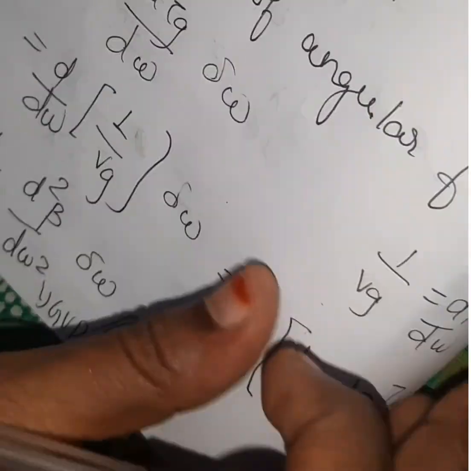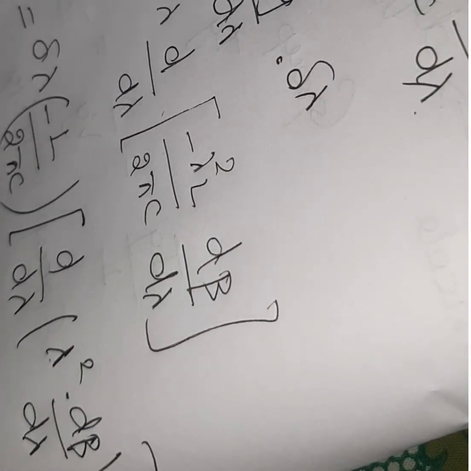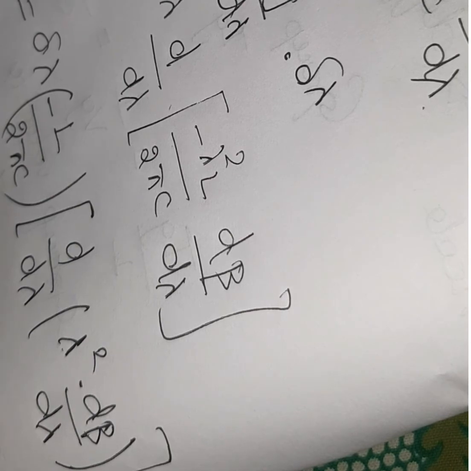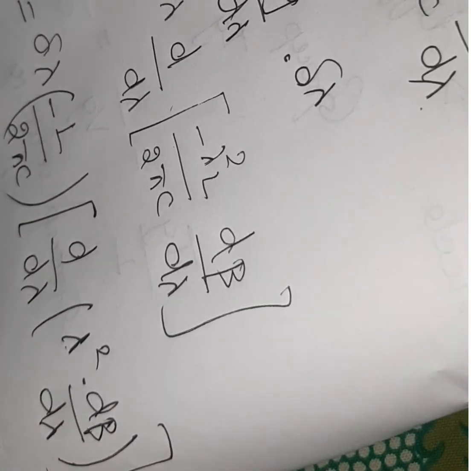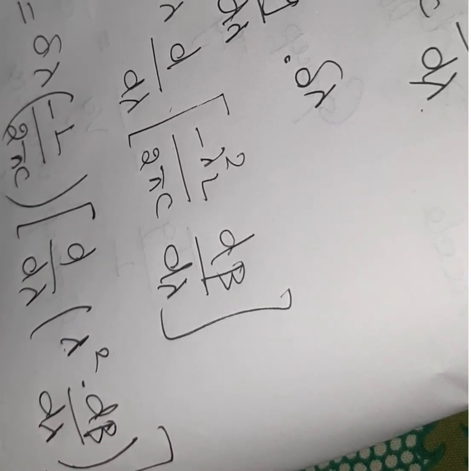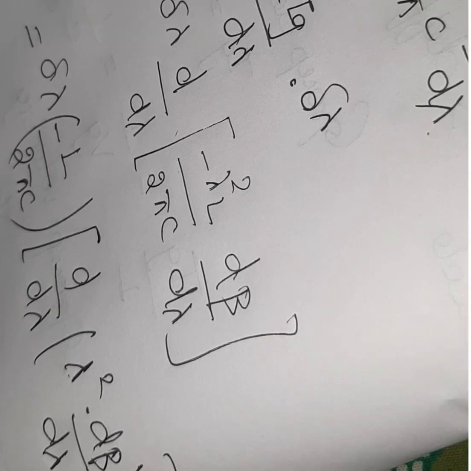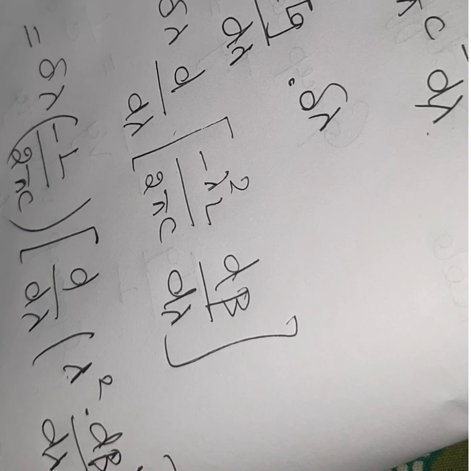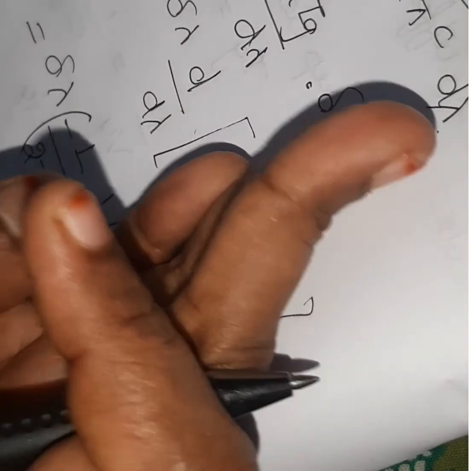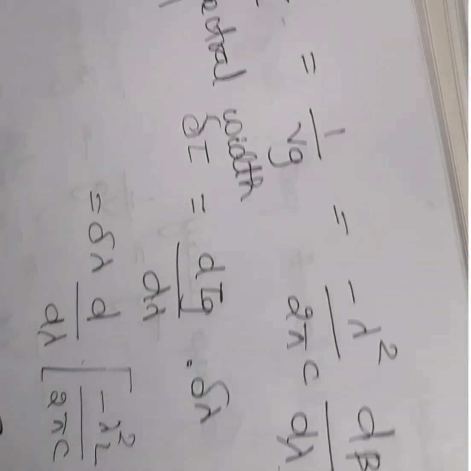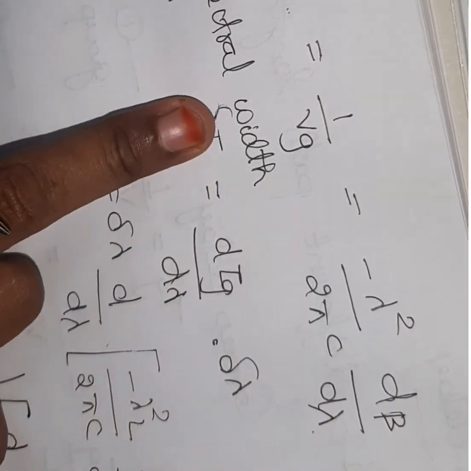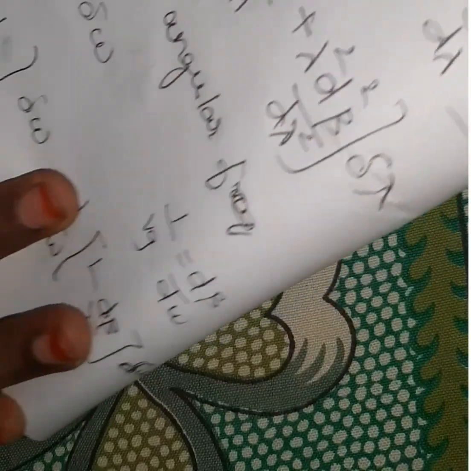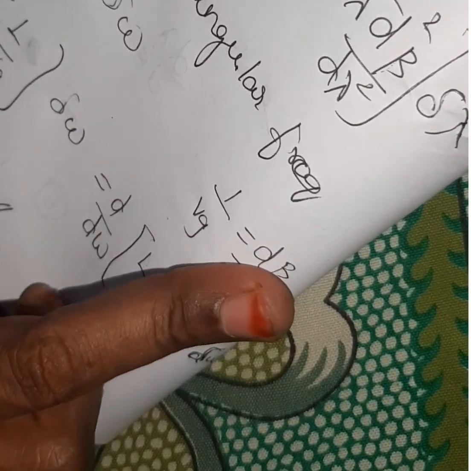If different modes are traveling inside an optical fiber, each mode will reach the destination at different times. So there is a time delay or group delay in the direction of propagation. We calculated it in terms of the wavelength, then in terms of the spectral width, and next in terms of the angular frequency.